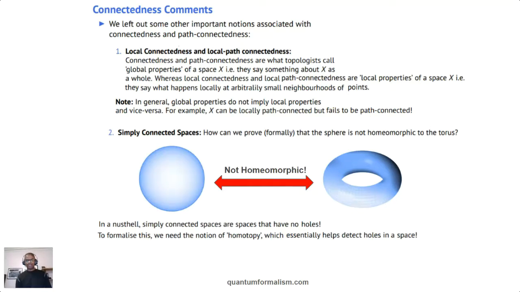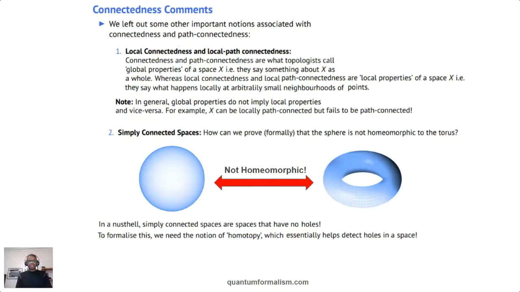For example, a space can be locally path connected but fail to be path connected at a global level. In topology, there are so many pathologies that one has to be very careful, especially when it comes to generalization.